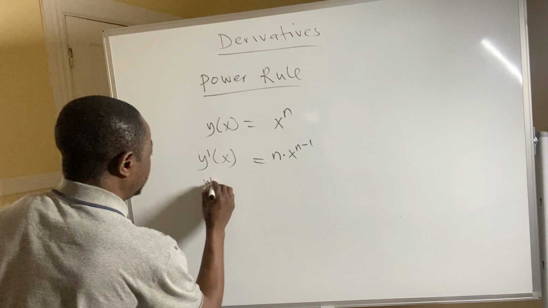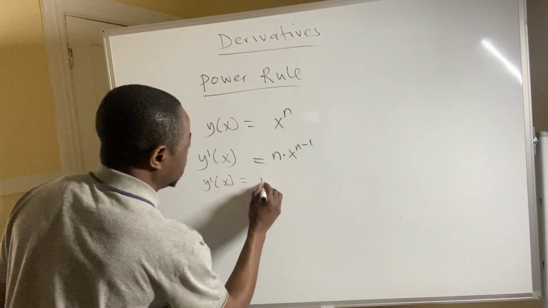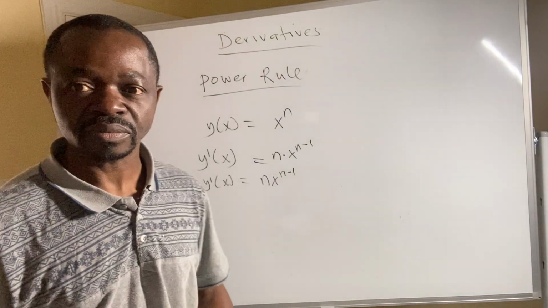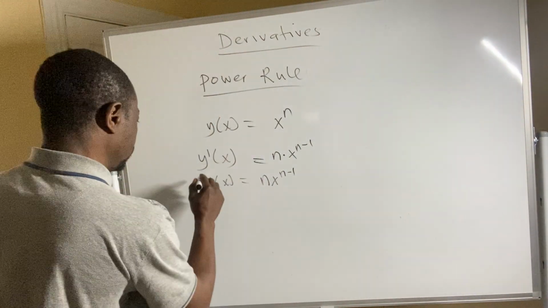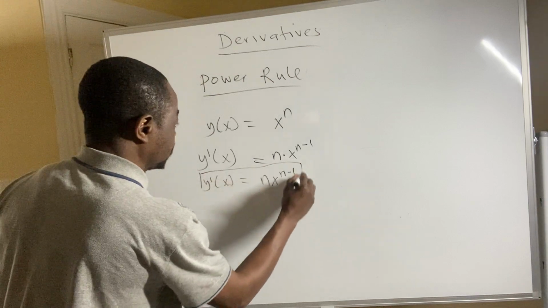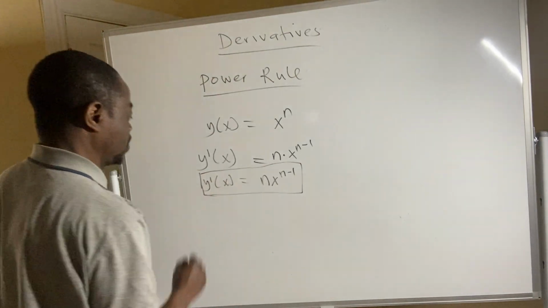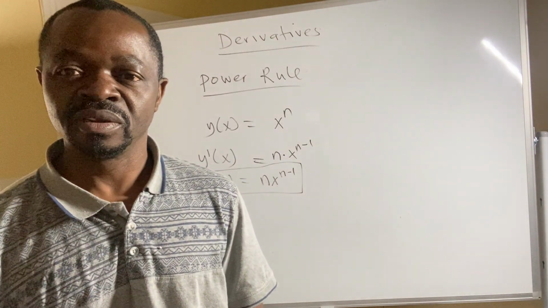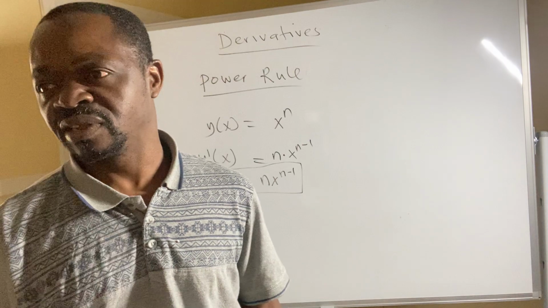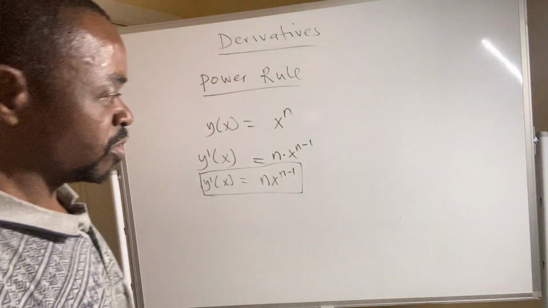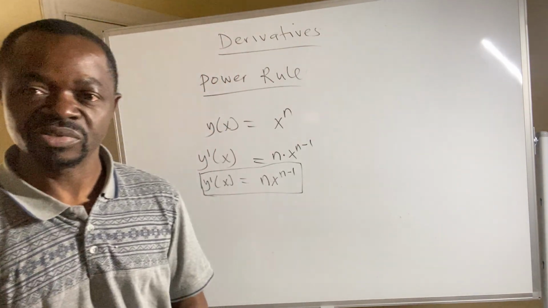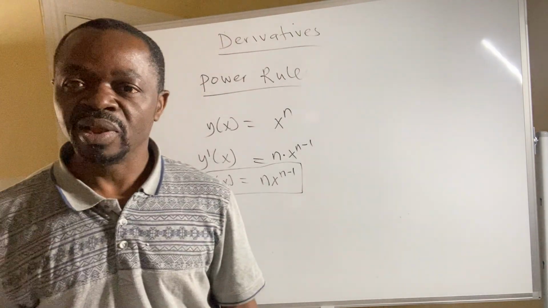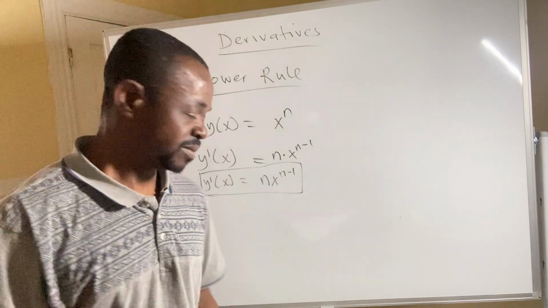So you have y prime of x is equal to n x raised to the power n minus 1. That is the power rule. That's the formula we're going to be dealing with throughout our lesson. So let's look at examples in which you can use this formula to solve the problems.